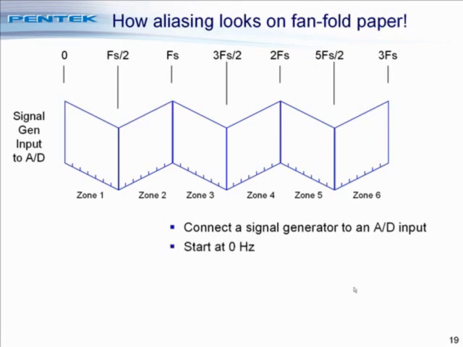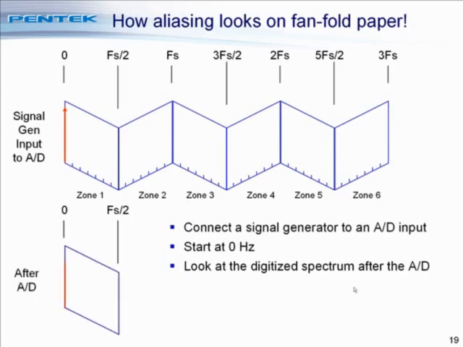That's represented by a red line over there on the left of our plot. Now we're going to look at the digitized spectrum after the A to D converter, after the aliasing and after the folding of all of these zones down onto one sheet between 0 and fs over 2.